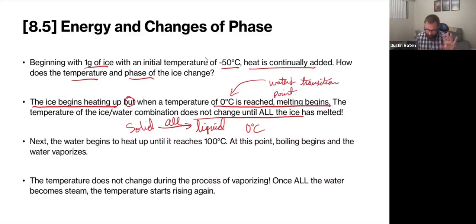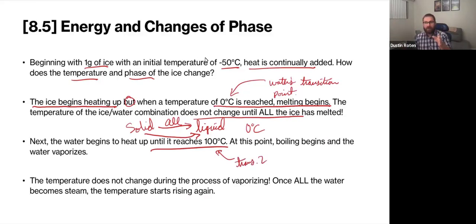Once you finish going from a solid to a liquid, then you start heating the water up again. So now we can go from 0 degrees Celsius, we can heat that water until it reaches 100 degrees Celsius. This is another transition point for water, because this is its boiling point. It's getting ready to start boiling. So here's transition 2.